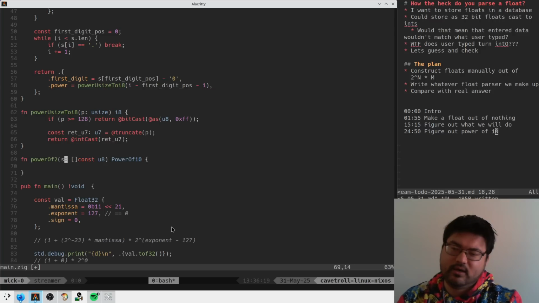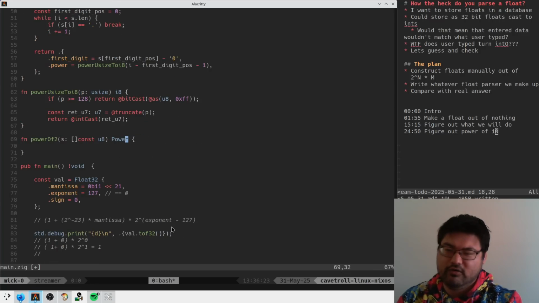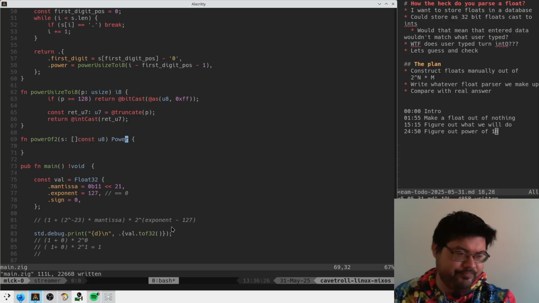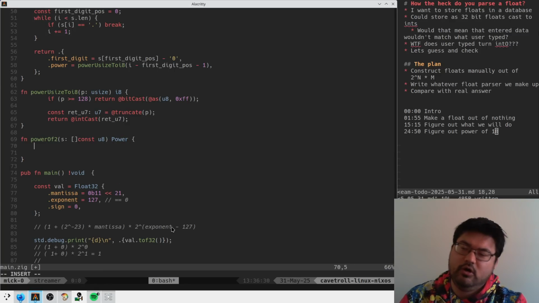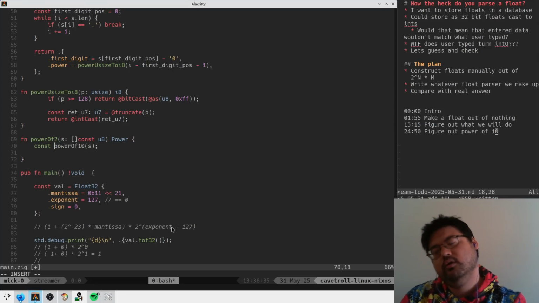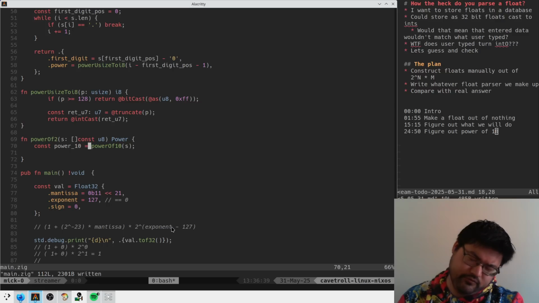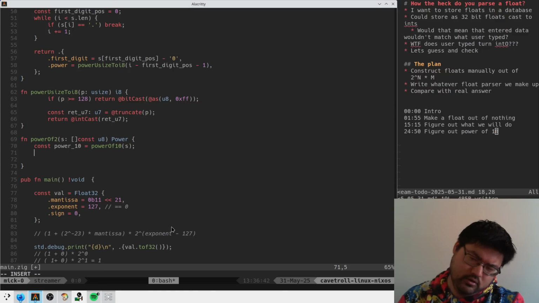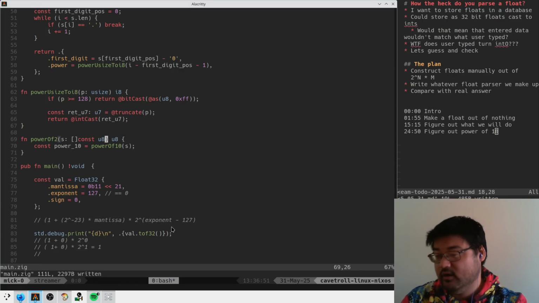Which I guess can just use this same thing. Power of 10 is actually just kind of like a power type. So here we call power of 10 on the string. And we said that to convert, I guess here this is actually just going to return a U8, because we don't care about the leading exponent, the first value anymore. That was just to make the power of 2 guess a little better. And I guess an I8 here.